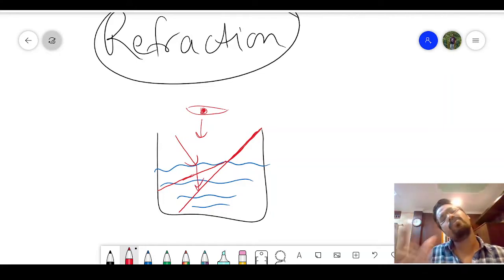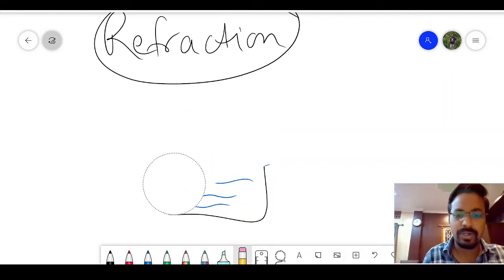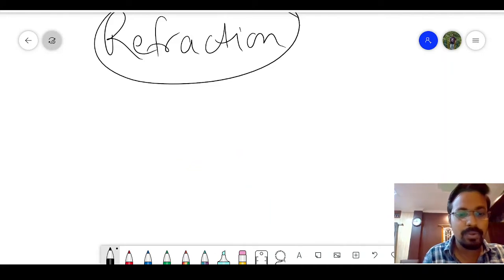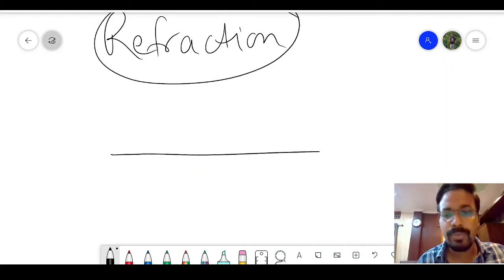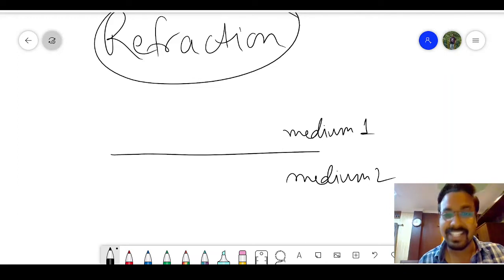Before we move into this, let us draw a simple diagram to understand how refraction occurs. Suppose there are two mediums, this is medium 1 and this is medium 2. Both of them have different densities.